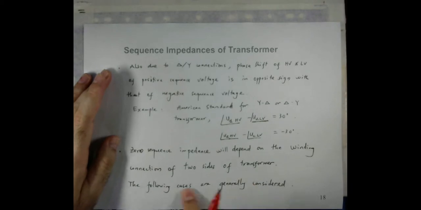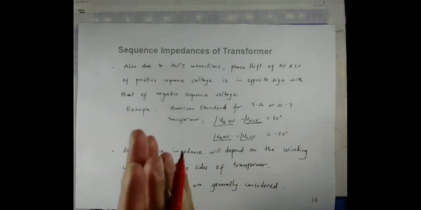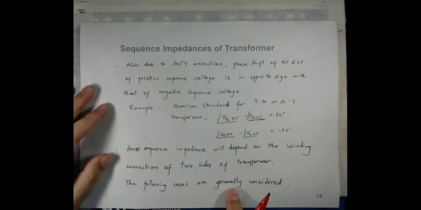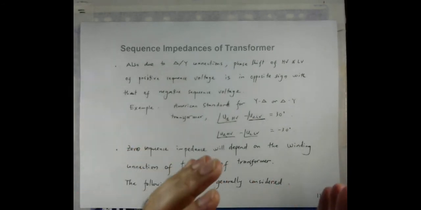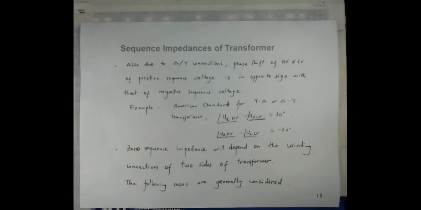So we will now consider the zero sequence impedances, because they depend on whether we have a Y connection and whether the neutral point is connected to the ground or not. So we will consider different situations now to talk about the zero sequence networks.